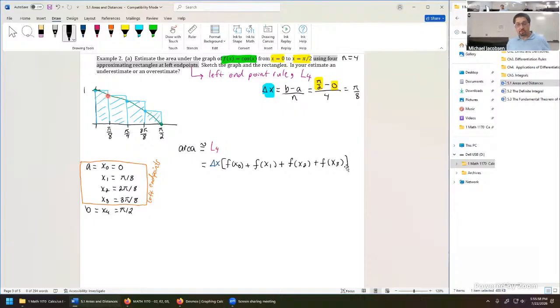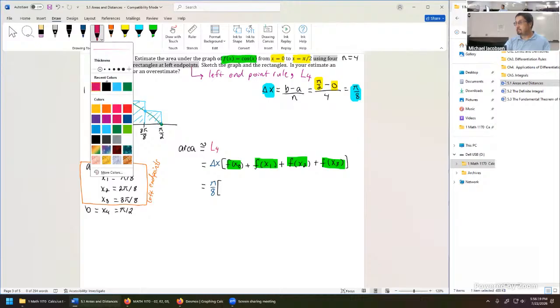All we now need to do is throw in those values for f at x naught, x1, x2, and finally f at x3. So we've almost got an area. The delta x is pi over 8, coming from that equation up here when we simplified.